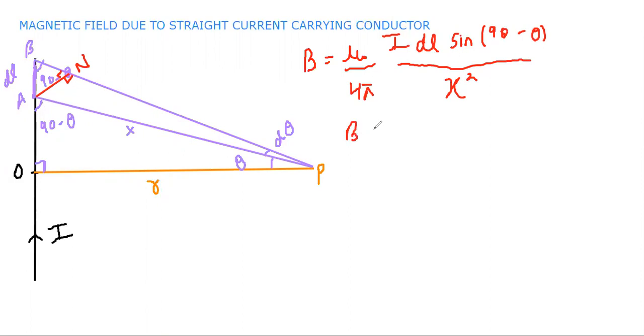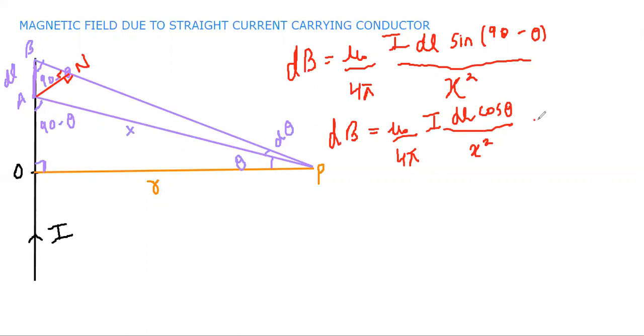So B is equal to mu naught by 4 pi I dl cos theta by x square. Because of this length element, it won't be the total magnetic field. This would be a small magnetic field, that is dB. So dB is equal to mu naught by 4 pi I dl cos theta by x square. Let this be your equation number 1.